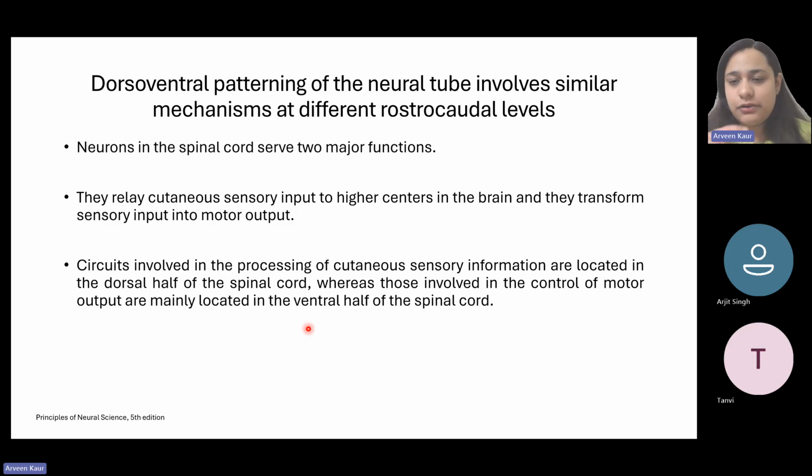Even if you look at the spinal cord region, the dorsal half or the top half will basically have the region wherein sensory neurons are present, right? Cell bodies of sensory neurons might lie there, and other parts also of those neurons. And the ventral half or the lower half is the one wherein motor neurons will lie, right?